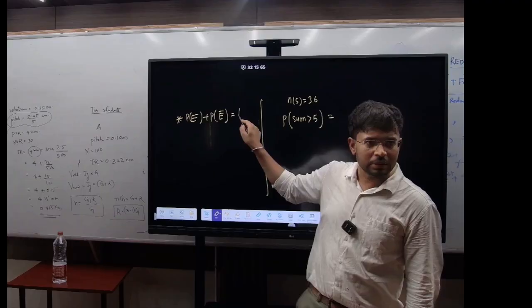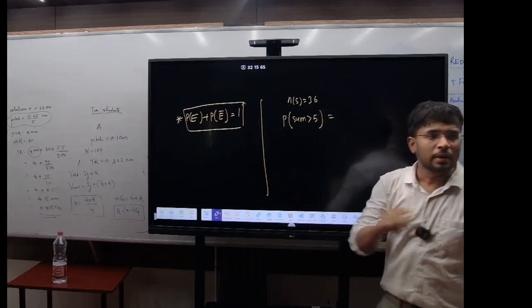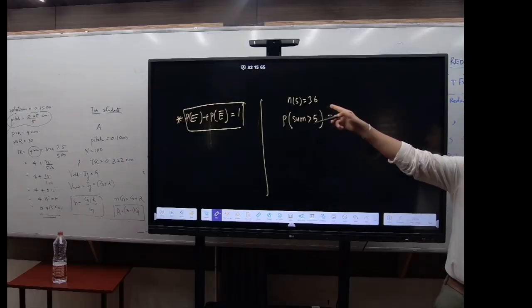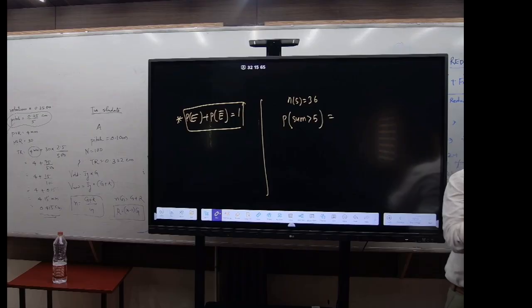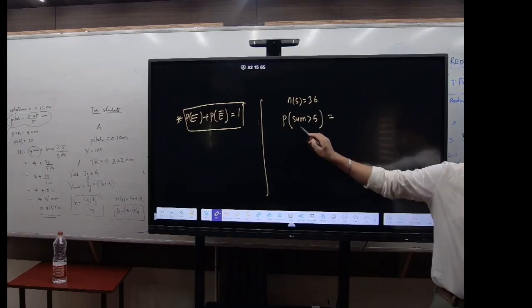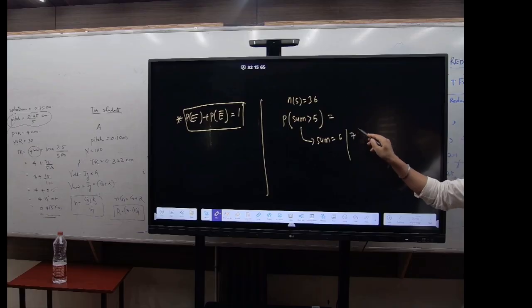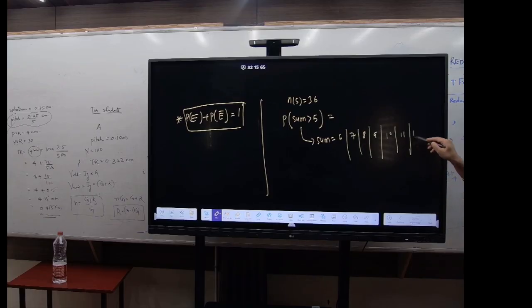Always 1. Yes or no? This is also possible. I am just doing one experiment where I am throwing 2 dice. I want the sum to come greater than 5. So what can the sum be? Sum can be equal to 6, 7, 8, 9, 10, 11, 12. Method 1.